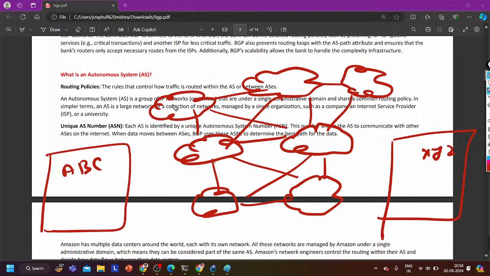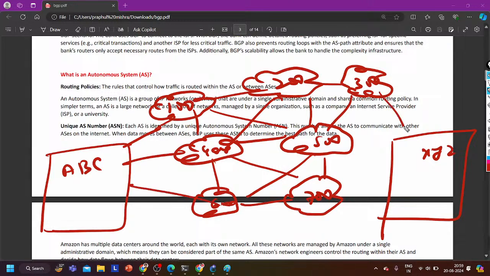Let's suppose this service provider is using AS number 100, this one 200, 300, 400, 500, 600, 700, right? All are different ISPs, all are using different AS numbers. And now my companies are connected with these service providers like this. So BGP is going to find the best path on the basis of the list of ASs.